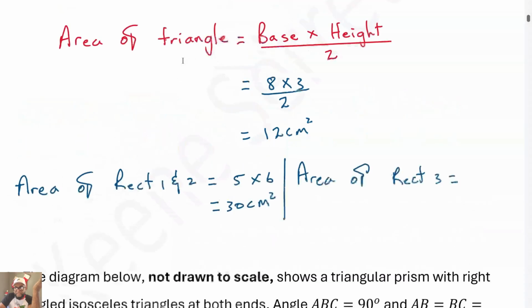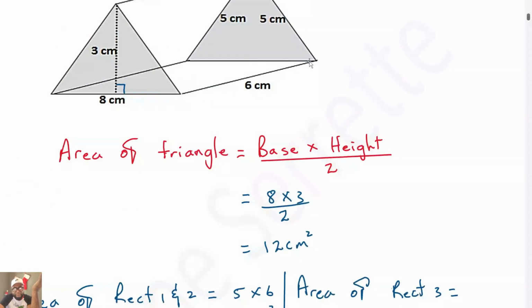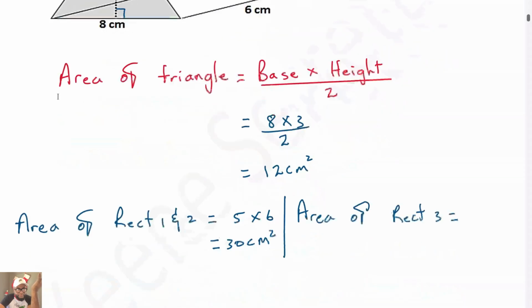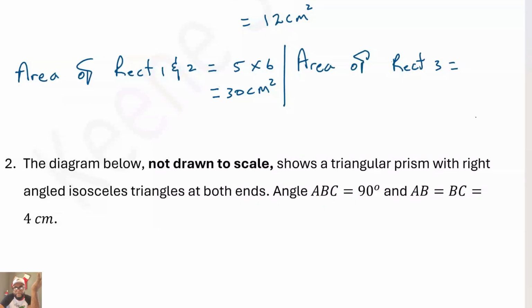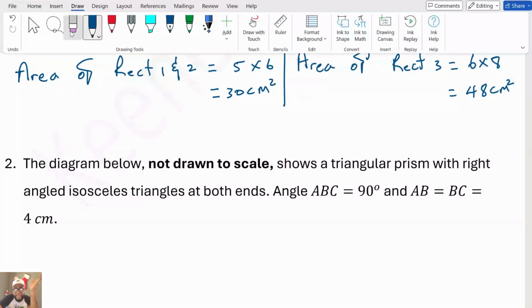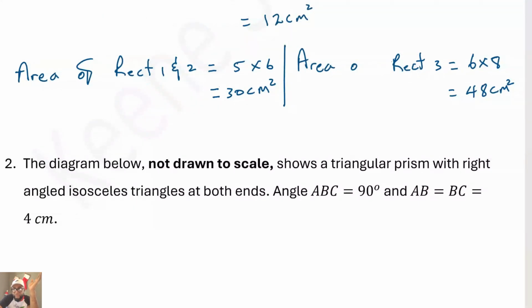So that'll be equal to, what were the dimensions at the bottom? 6 by 8. Proper. 6 by 8. 6 eights are? 48. Right.